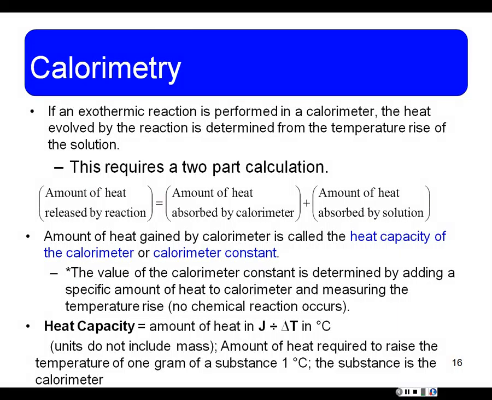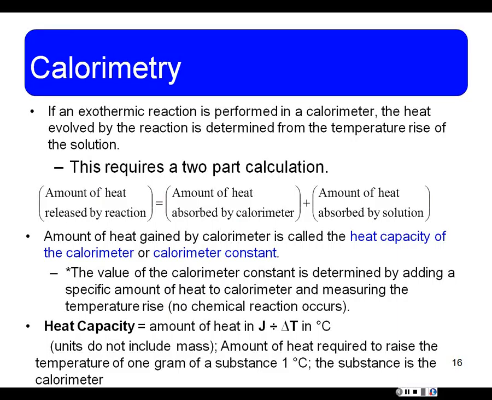But sometimes, whatever your calorimeter is, you may have to find that value. The heat capacity is the amount of heat, so joules divided by change in T in degrees C. Heat capacity or calorimeter constant, joules per degree C.